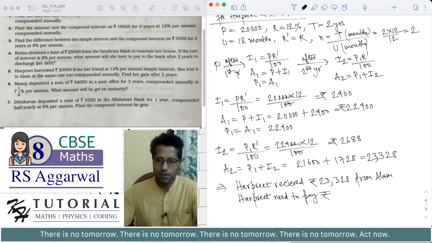and the amount will be P1 plus I2. P1 is 22,400, and I2 is 2688.